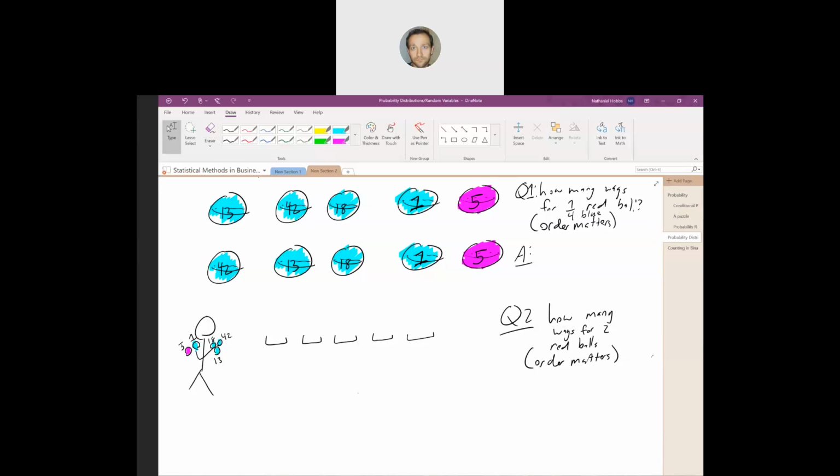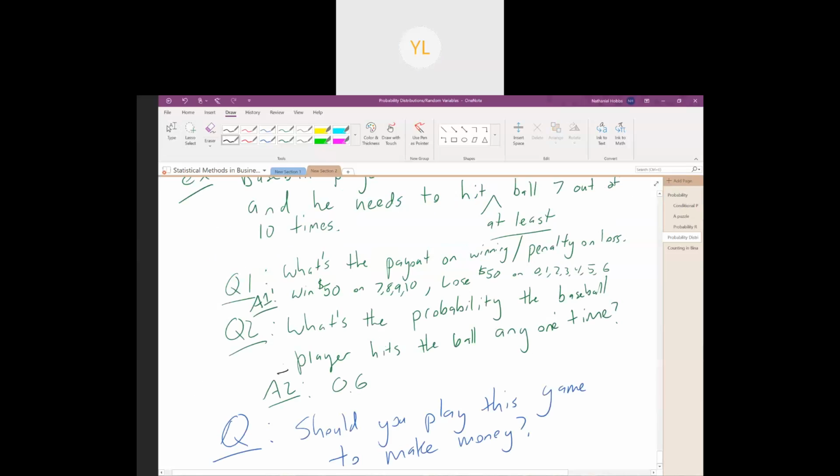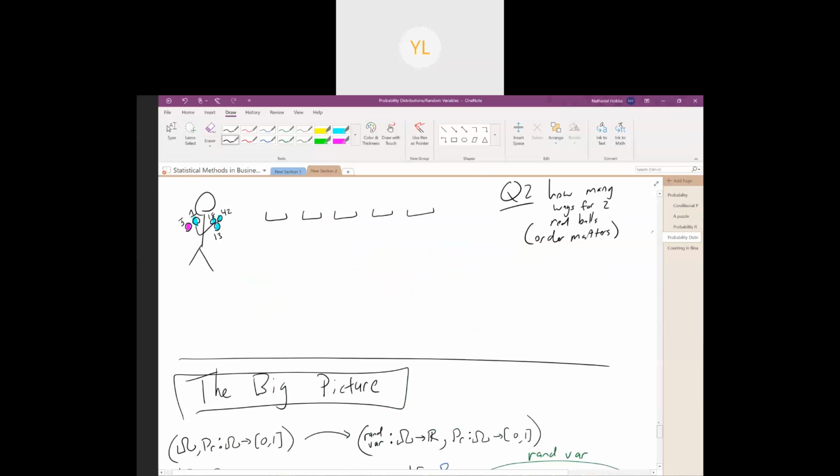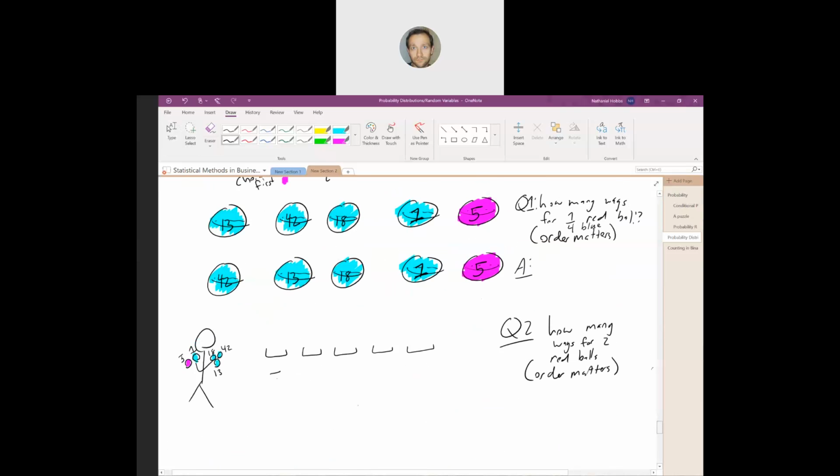Think about it one ball at a time. You're holding 5. You're going to place the first ball down. How many places can you put the first ball down at? 5 places. 5 choices for the first ball.